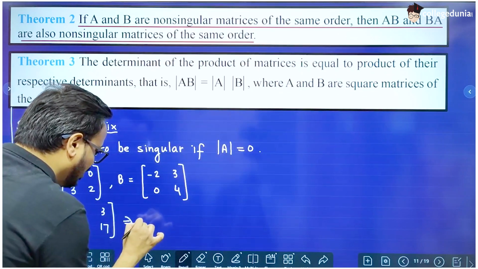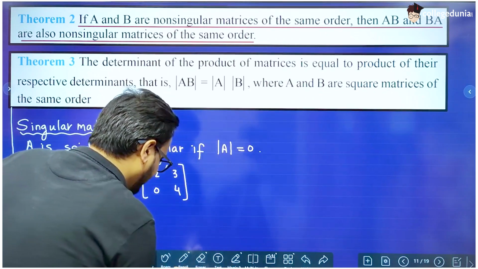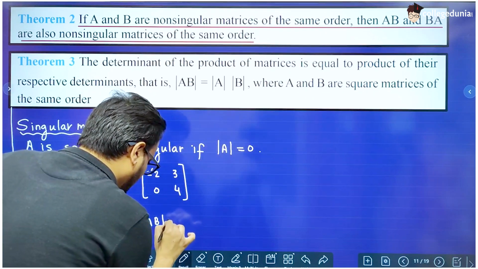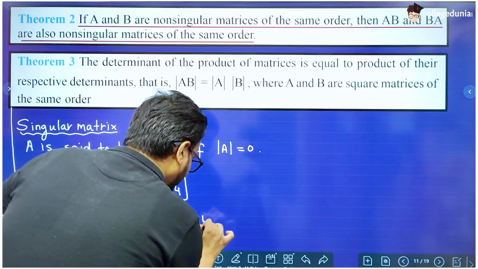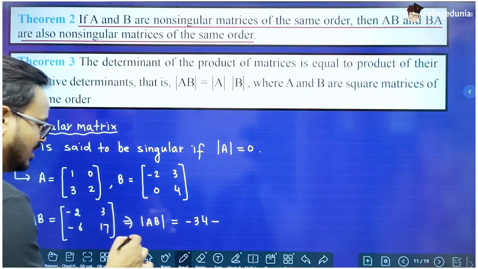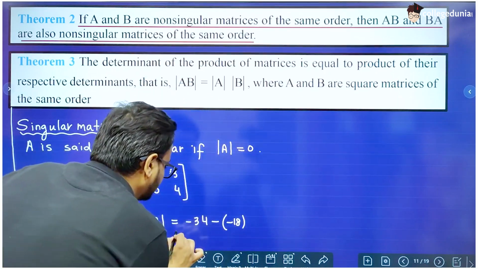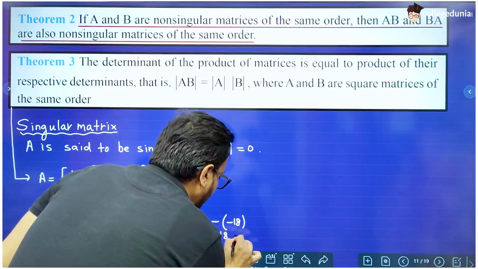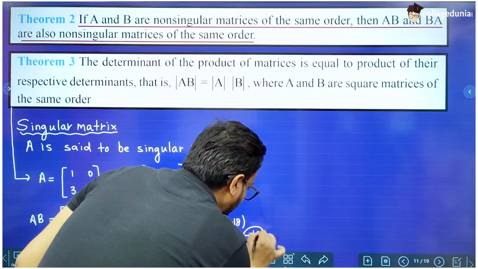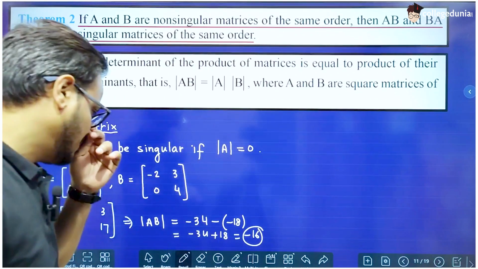So what is the determinant value of this AB? Minus 34, minus 18, and that is minus 34 plus 18, minus 16, right? Determinant value of AB is minus 16.